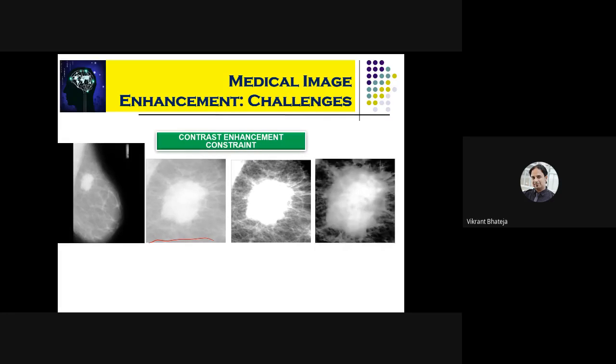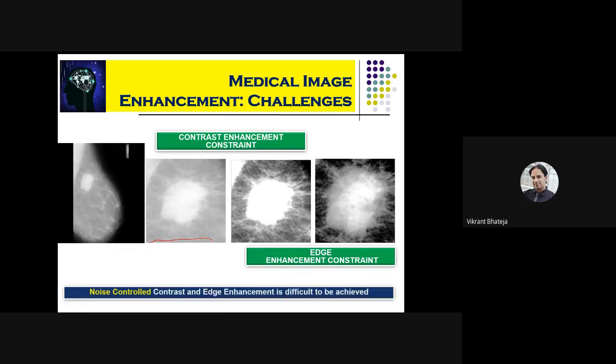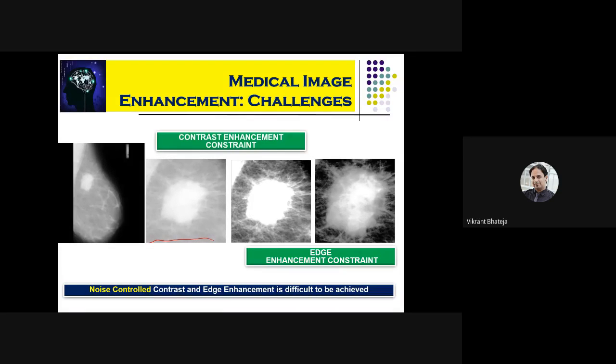In a similar way, if we try to improve the edges of that particular region too much beyond a point, then you see that the edges are excessively enhanced and they appear blurred, right? So these are two constraints where contrast enhancement should be noise controlled and edge enhancement should be noise controlled. So the conclusion is that one should not just go for contrast and edge enhancement, but rather there should be noise controlled contrast and edge enhancement.